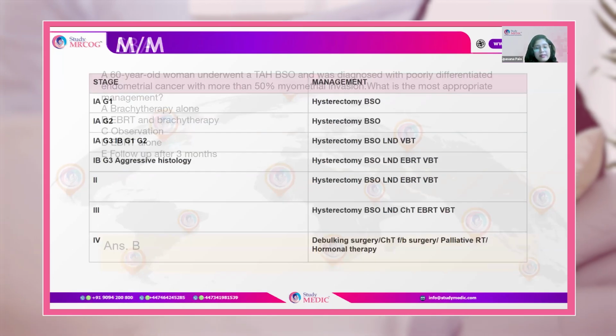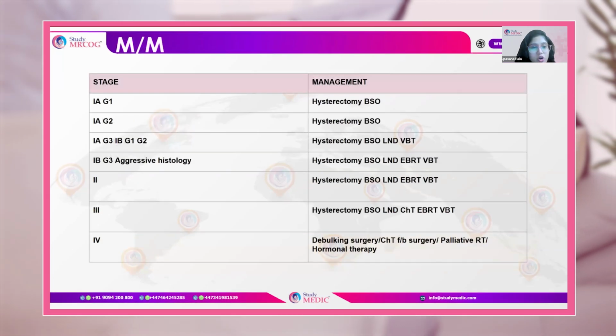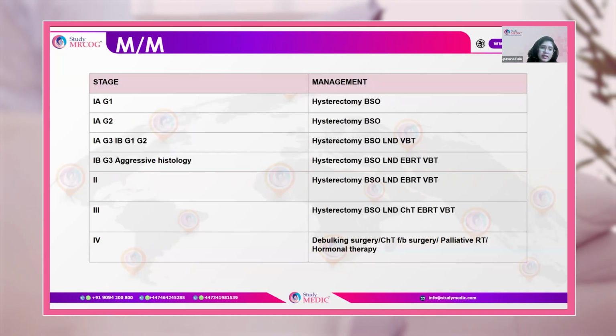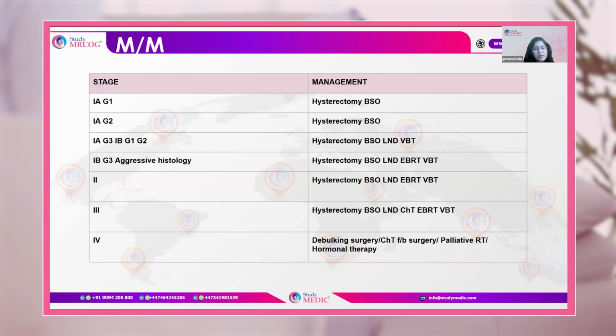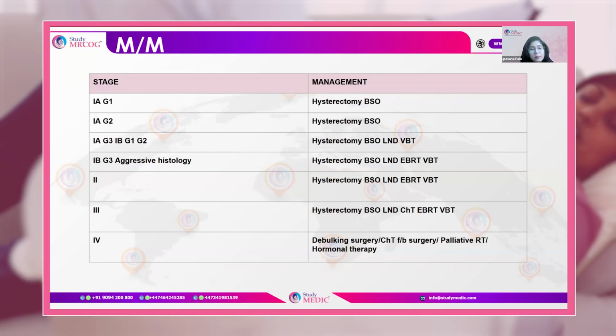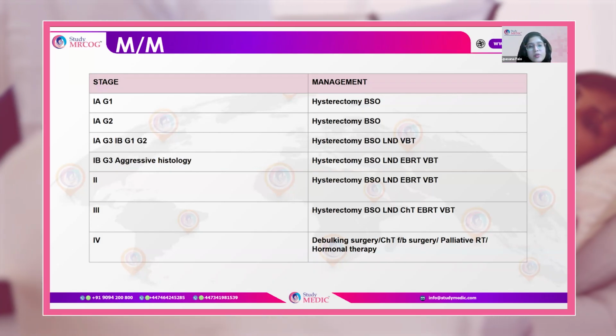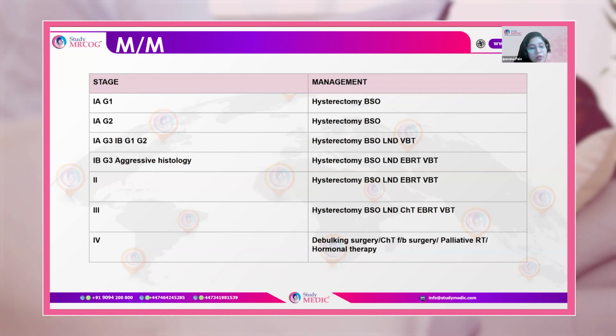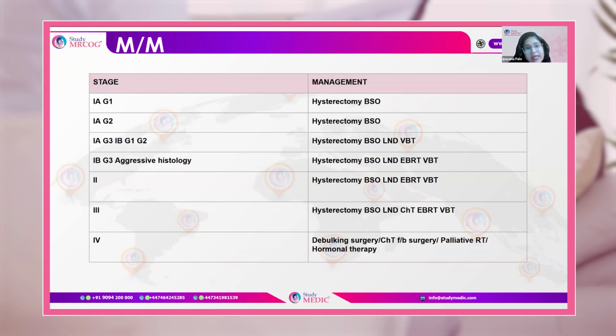Okay, so let us look at the broad classification of how to manage endometrial cancer. This is in brief the entire thing, a summing up, and a table which will help, because many students have queries regarding the management of endometrial cancer.